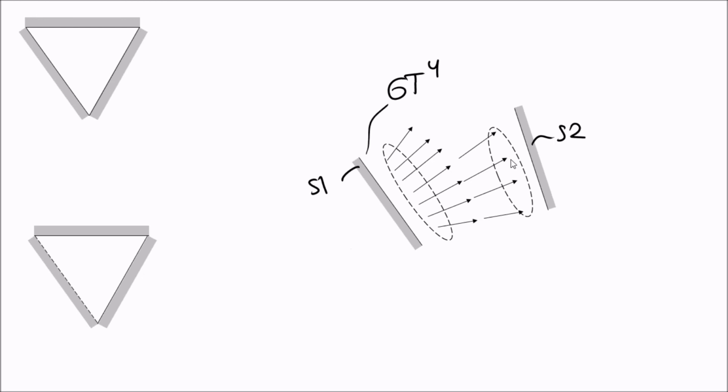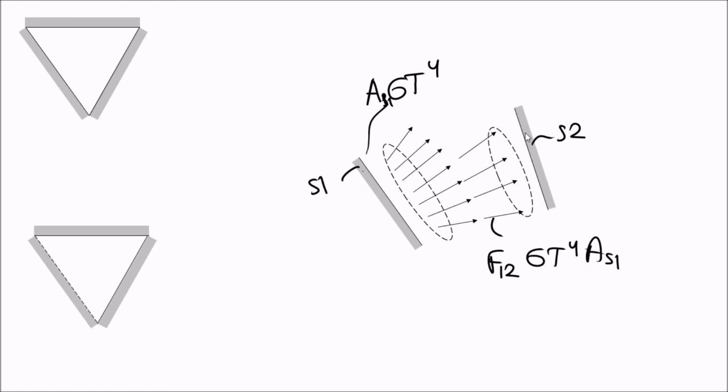The part that reaches surface 2 is F1 to 2 times sigma T to the power of 4, and I should also write the area here, AS1. This is the radiation that leaves surface 1 and reaches surface 2.